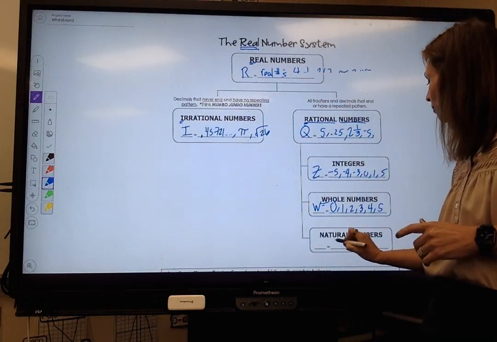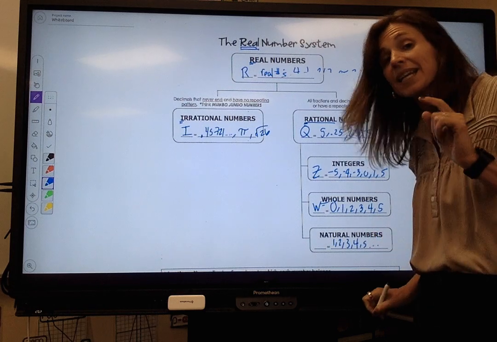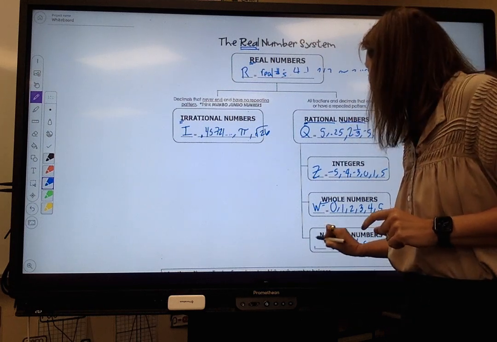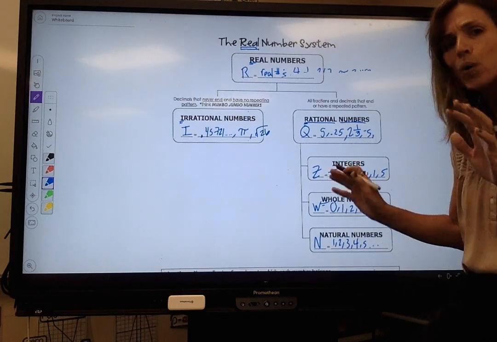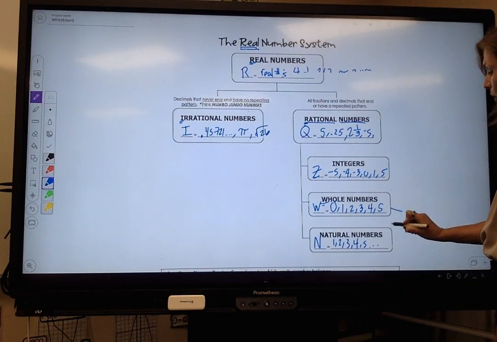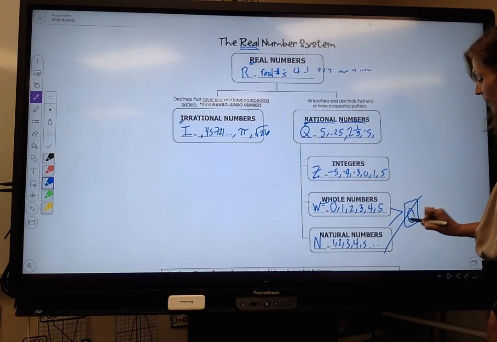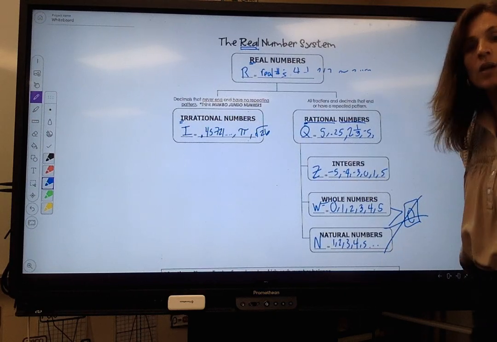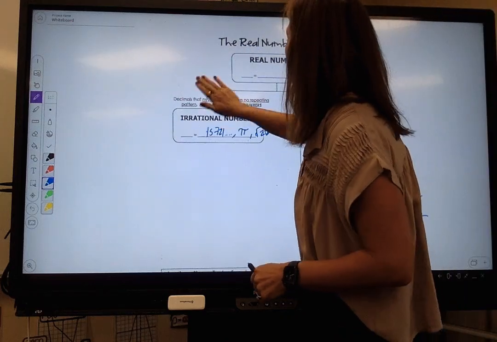So a natural number is any number greater than 0, but it is a counting number. And we're going to use the letter N for natural. So if you look at this, the only difference between a whole number and natural number is that number 0. 0 is not natural. So that is the breakdown of the real number system.